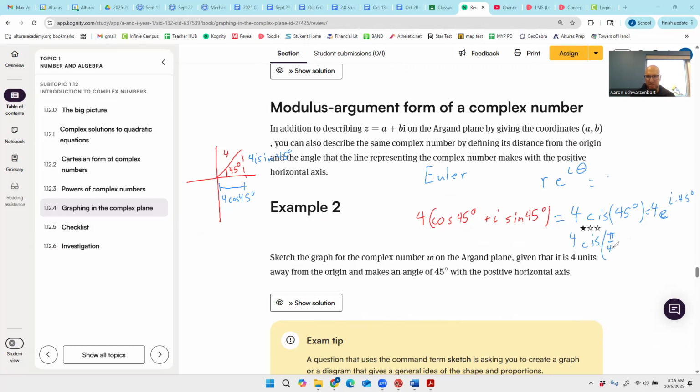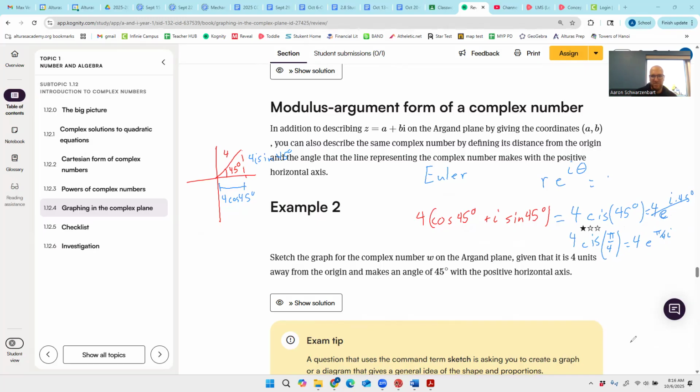That's probably more accurate. You notice when your calculator was in degrees, it gave the number and the angle in degree mode.